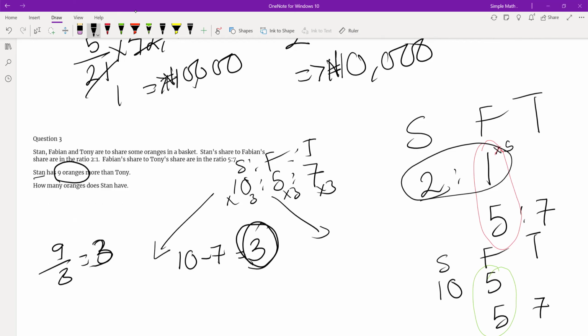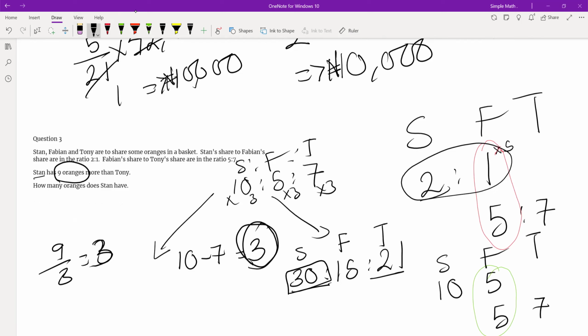So 10 times 3 is 30. 5 times 3 is 15. 7 times 3 is 21. And you can see now if you compare 30 and 21, the difference is 9. So Stan actually has 30 oranges, Fabian has 15 oranges, and Tony has 21 oranges.